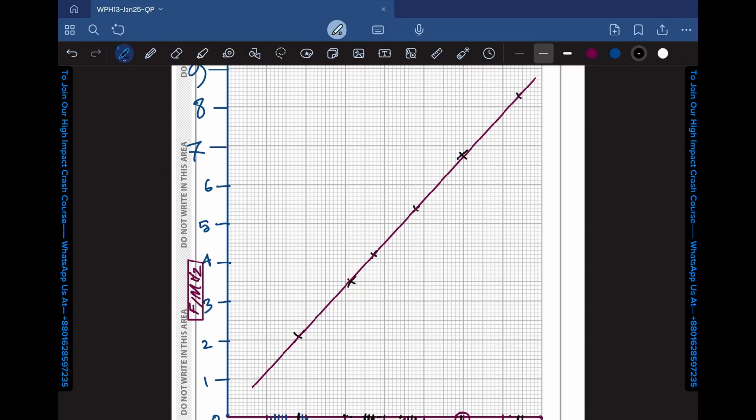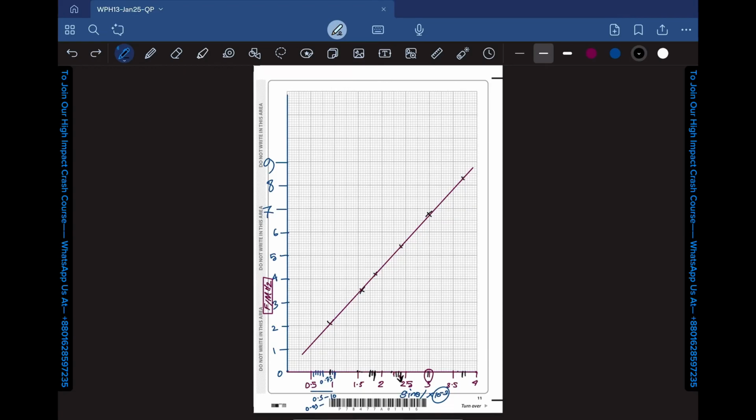One or two crosses can go up and down, it is not an issue, but make sure the number of crosses above the straight line and the crosses below the straight line is equal, because this cross is a little below the straight line and this one is above the straight line. So it's completely all right if equal numbers are above and below the straight line. Make sure equal numbers are above and below the straight line. All right, so now we can move forward to the next part.